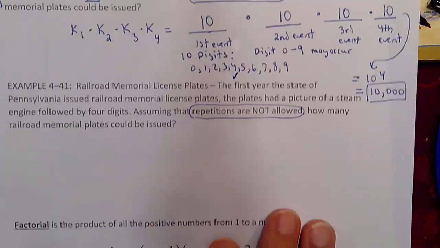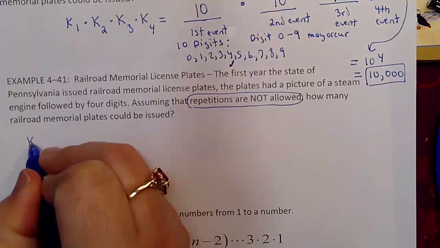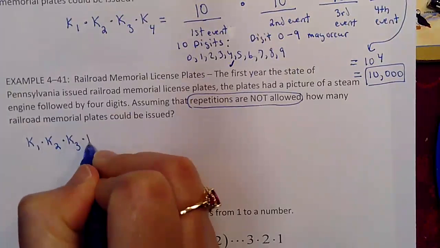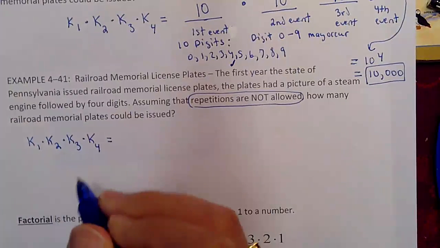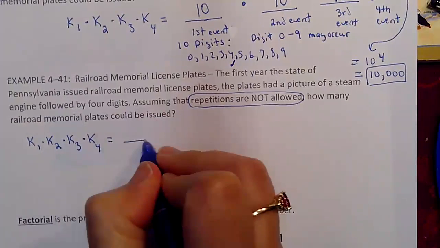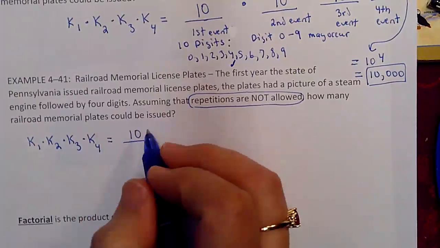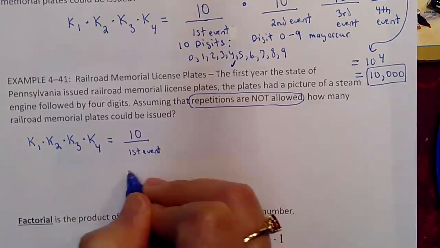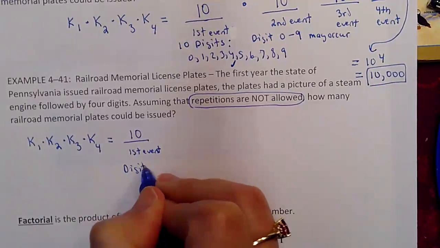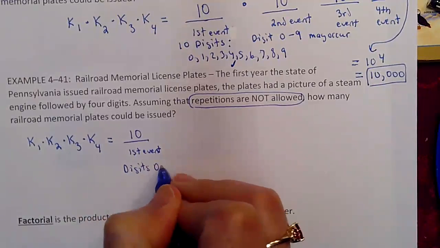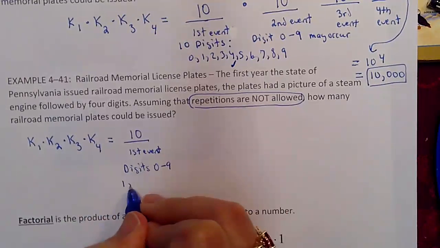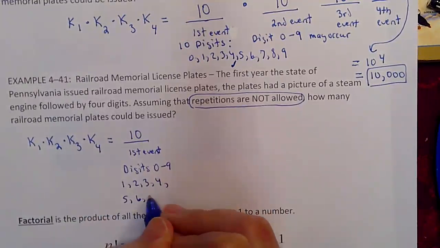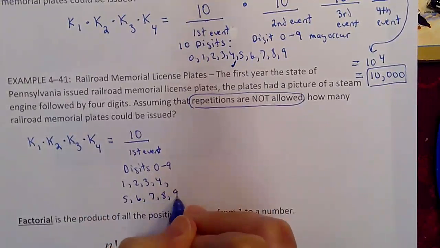Okay. So we'll start off the same. Case of 1 times case of 2 times case of 3 times case of 4. And then we have 10. So this is the first event. This includes digits 0 through 9. So you have 1, 2, 3, 4, 5, 6, 7, 8, 9.